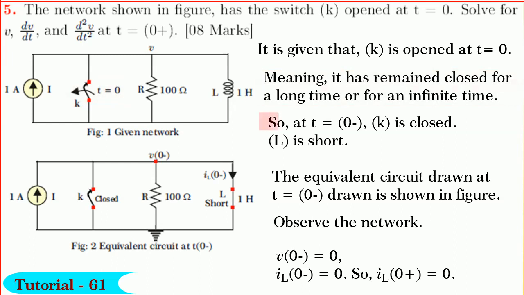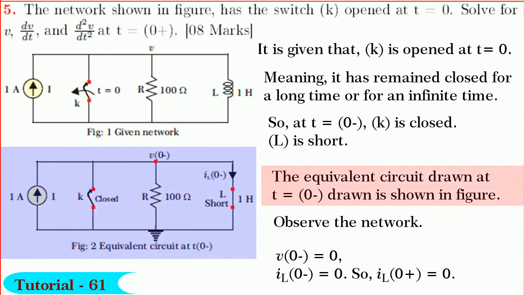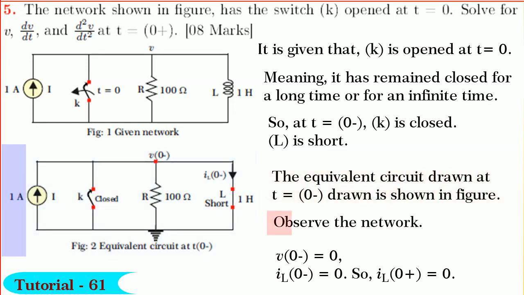So, at t is equal to 0 minus K is closed, L is short. Incorporating these aspects, the equivalent circuit at t is equal to 0 minus is shown in figure. Observe the network. We find that V0 minus is equal to 0 since L is short. Also, IL0 minus is equal to IL0 plus is equal to 0.